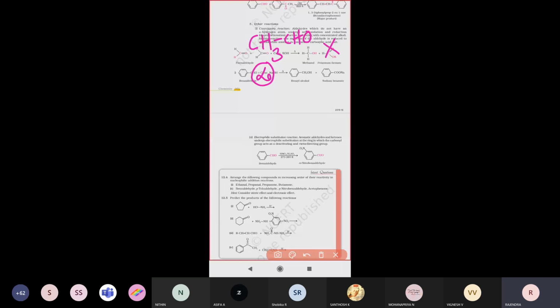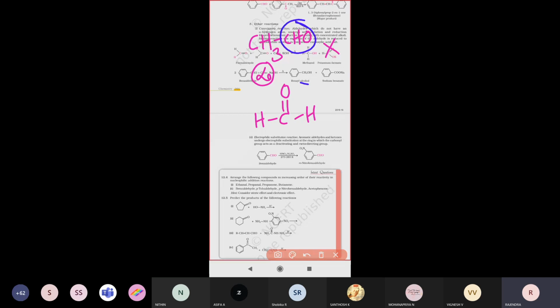If you take formaldehyde, that is H-C double bond O-H. This is called formaldehyde. In this formaldehyde, is any alpha hydrogen atom present or not? Check it once. Aldehyde is the functional group, and the carbon adjacent to the functional group is always called the alpha carbon atom.